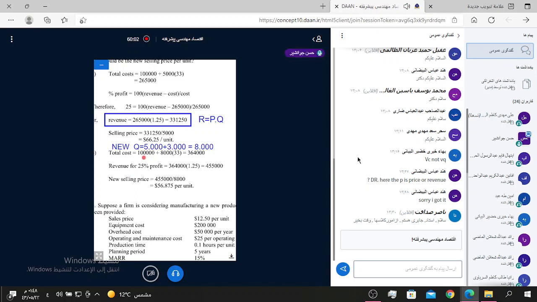The total cost is fixed cost plus variable cost. Revenues for 25% profit is this number, total cost multiplied by 1.25, this number.